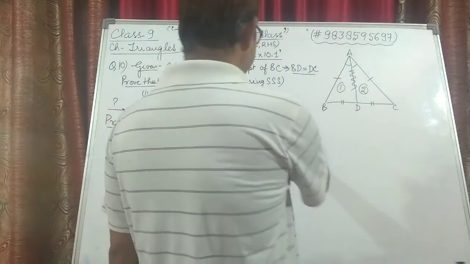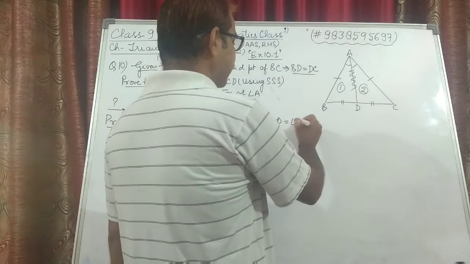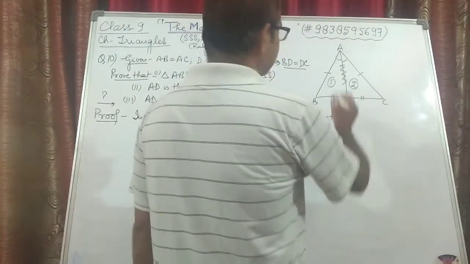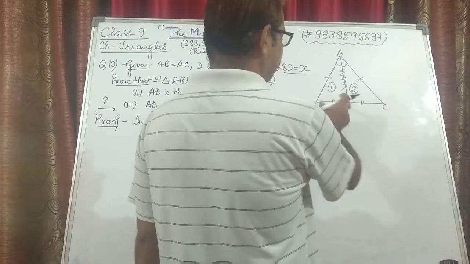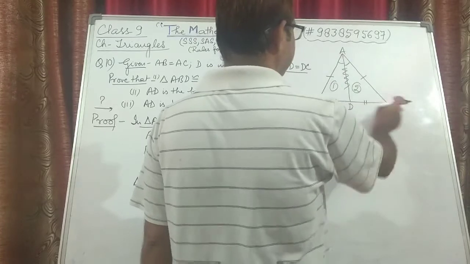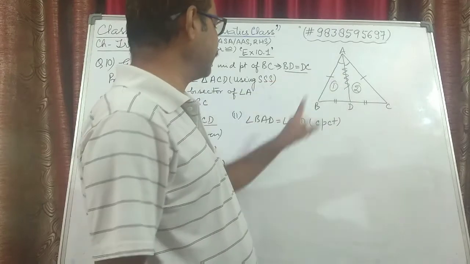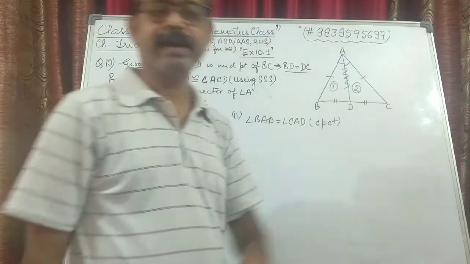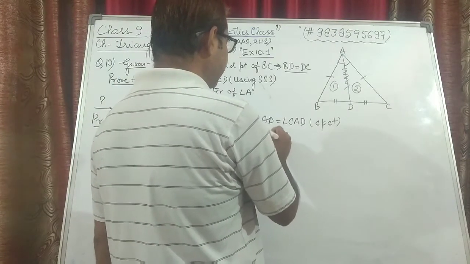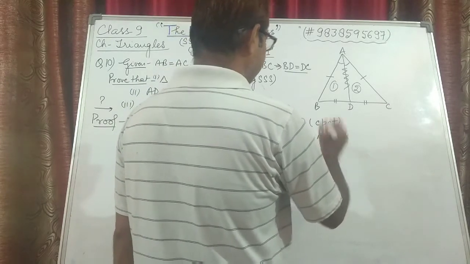So according to that rule, we can say angle BAD is equal to angle CAD by CPCT. Angle B corresponds to C will be equal, BD and DC are equal, AB and AC are equal, AD and AD is common, angle BAD and CAD are equal. So we can say that angle BAD, this angle, and angle CAD are equal. Why? Reason is CPCT. So we can say therefore AD bisects angle A.